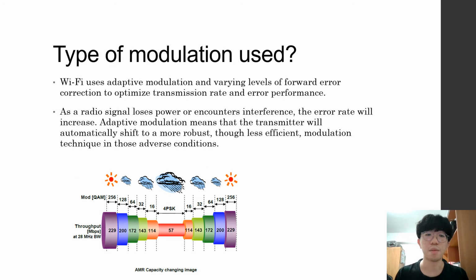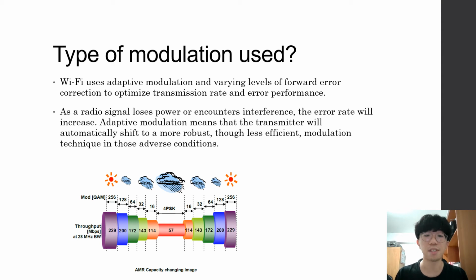What is the type of modulation used in Wi-Fi? Wi-Fi uses adaptive modulation and various levels of forward error correction to optimize transmission rate and error performance. As a radio signal loses power or encounters interference, the error rate will increase.